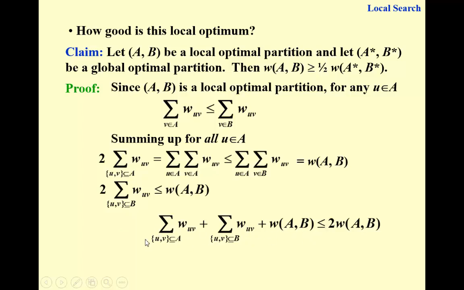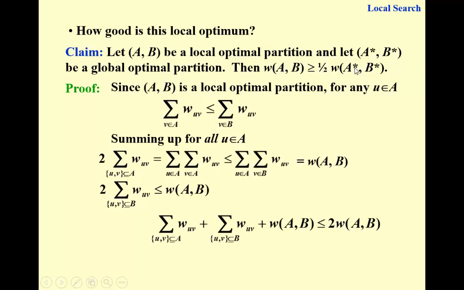And what is this part? It's the total weight of all the edges, right? It's for all the edges in A and all the edges in B, plus all the edges crossing the 2 sets, right? So what is the relation between this total weight and the global optimum?